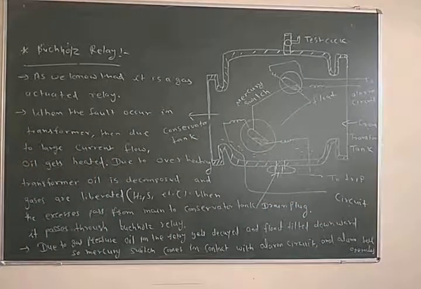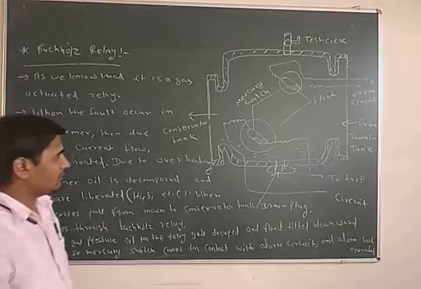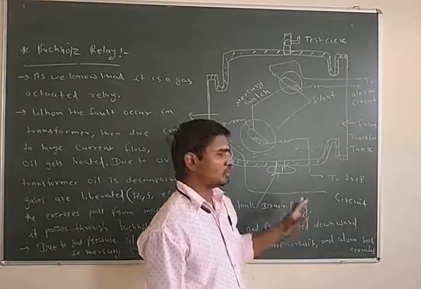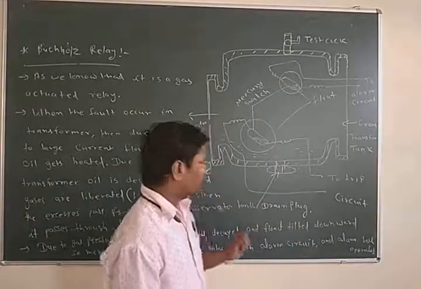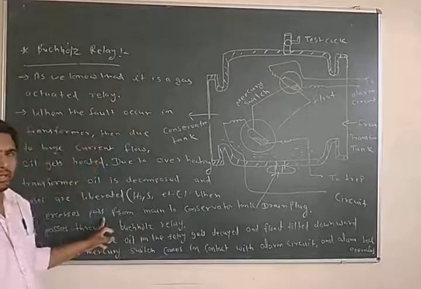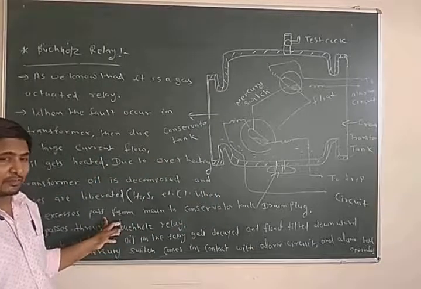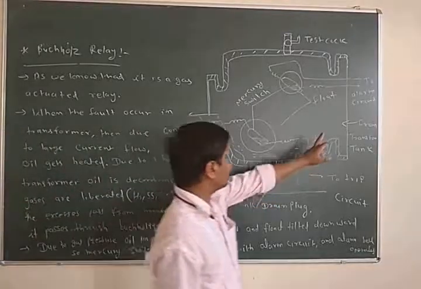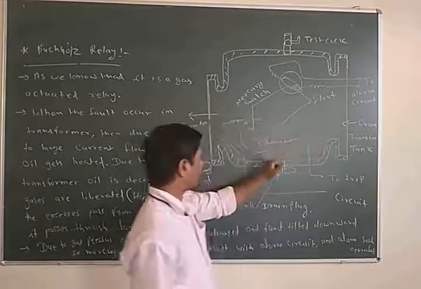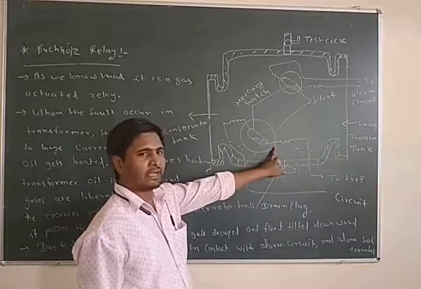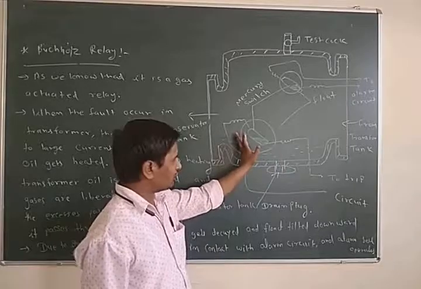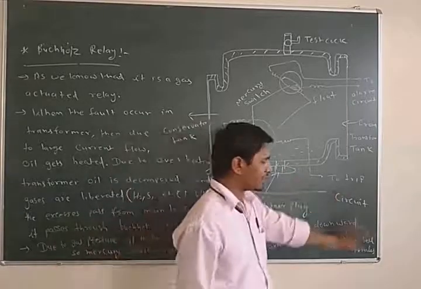And next, if the fault is a severe fault, a heavy fault, then in that condition more gases are liberated in the transformer. So gas pressure increases fast. Due to this increased gas pressure, the second switch is moved, and it closes the trip circuit of the circuit breaker.